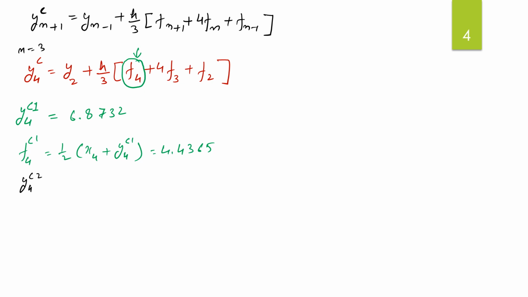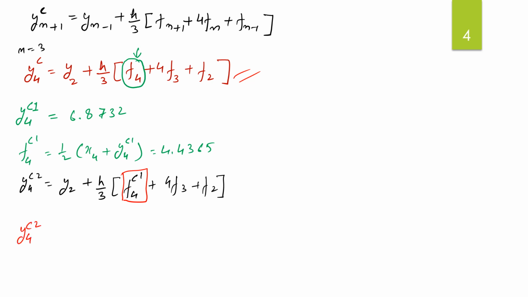Now we are using the corrector formula for y4c, second time. It is equal to y2 plus h by 3, which is the same, but over here we will use f4 at the first corrected value C1, plus 4 f3 plus f2. Only this portion is changed; everything else is the same, but the corrected function value is changed. Now calculating again, we get y4 c2, the corrected value, 6.8733, and the previous value is 6.872.